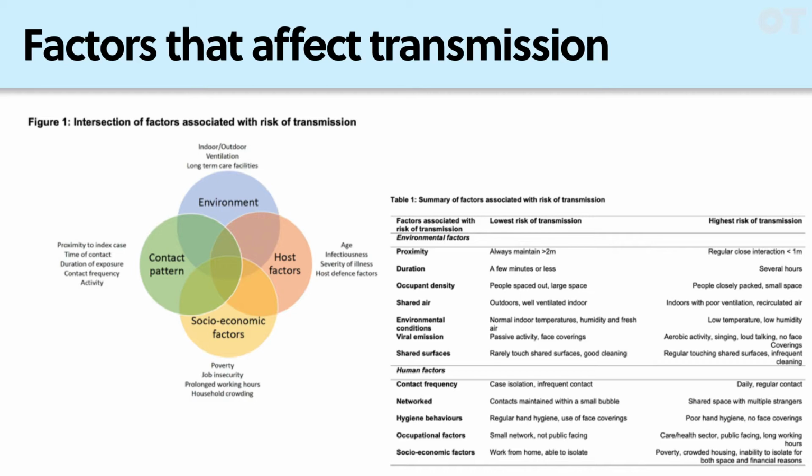And we can see that it's often not a single factor that is the key, it's a combination of factors based around the proximity, the duration of proximity, how many people are in the space, how well ventilated the space is, and then whether or not there are shared surfaces, as well as human factors, such as how often you are interacting with that person, whether you are mixing with lots of different people, which is why we've had this concept of small bubbles of people, small groups of people mixing is far safer, and also whether or not you can work from home or whether you have to go into a large office or a large workspace where people are coming in and out.